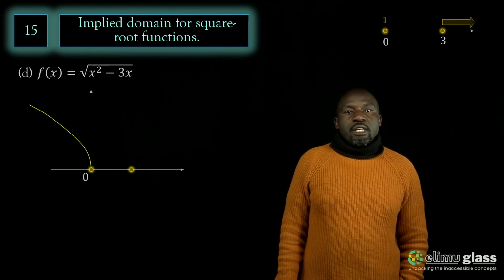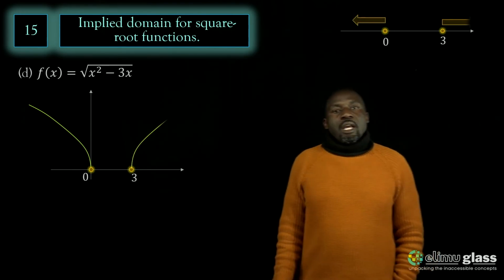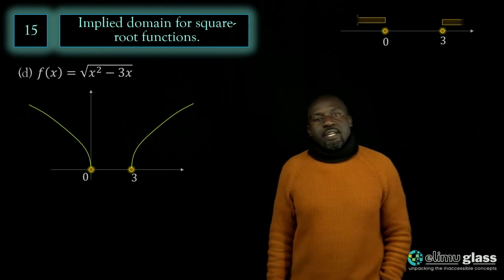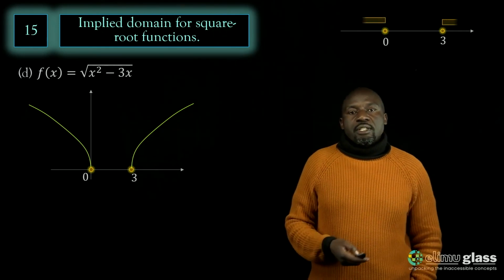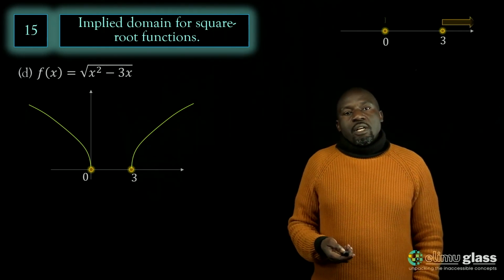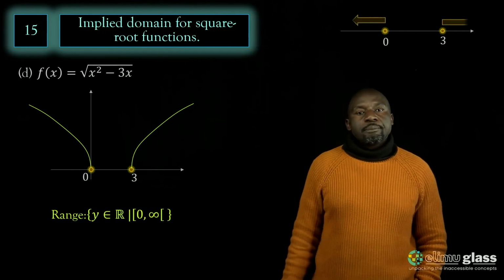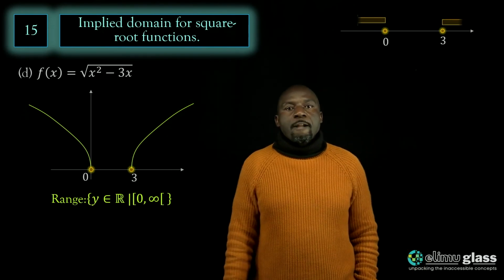Okay, the graph for 0 and the graph for the 3 will go the other way around. And this is how the graph of this function looks with the domain that we've mentioned. And what is the range of the function? As you can see, the range is from 0 all the way to infinity. Okay? Not difficult, really, when you think about it.